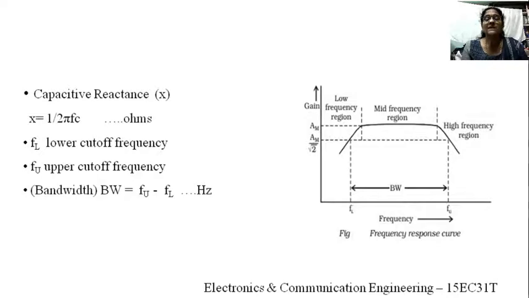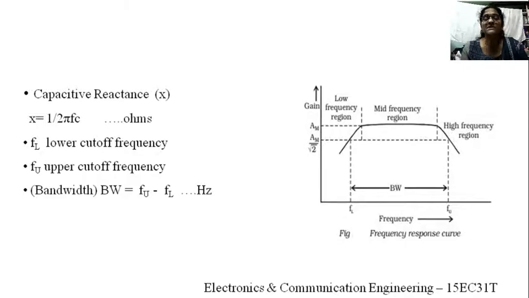The capacitive reactance is given by Xc equal to 1 divided by 2 pi f C, measured in ohms, right? So the capacitive reactance is inversely proportional to the frequency. Inversely proportional means if the frequency is low, the reactance is high.